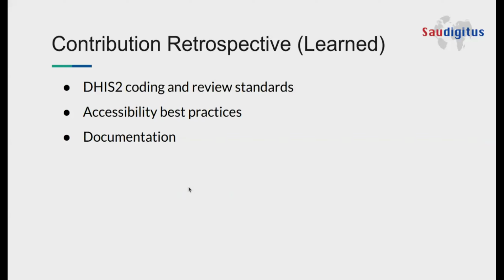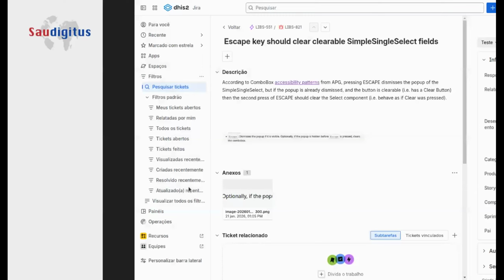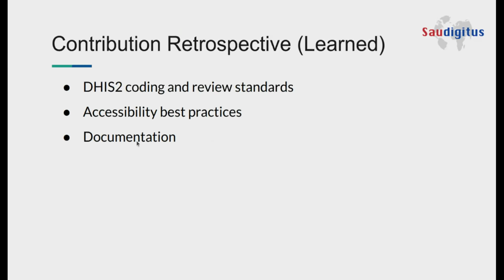Going to the things we learned as a team: DHIS2 coding and reviewing standards, accessibility best practices, of course because of this ticket specifically, and then the documentation. I will say again that I liked the way DHIS2 documented the contribution process on the projects.